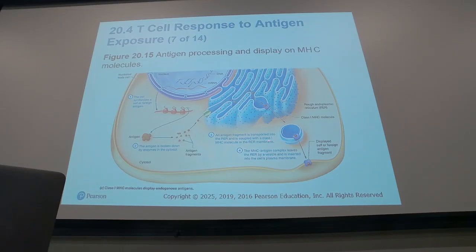This major histocompatibility complex is going to be, in the case of the T cells, MHC1, class 1, and that is going to bind to the antigen fragments that are going to be brought into the rough endoplasmic reticulum, and then are going to be bound to these MHCs that now are going to be carried in a vacuole to be presented in this MHC.